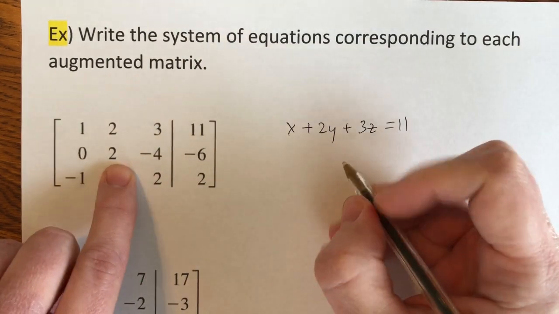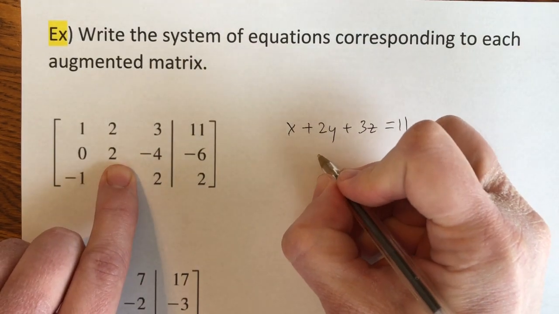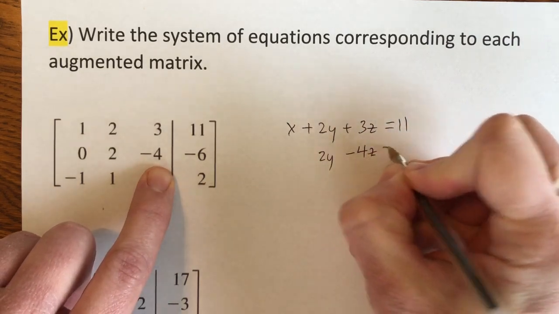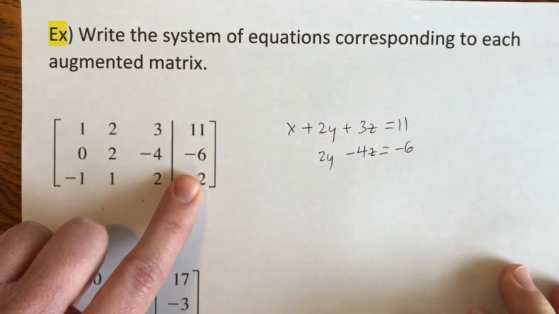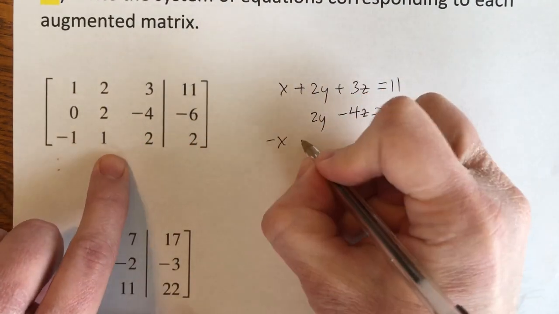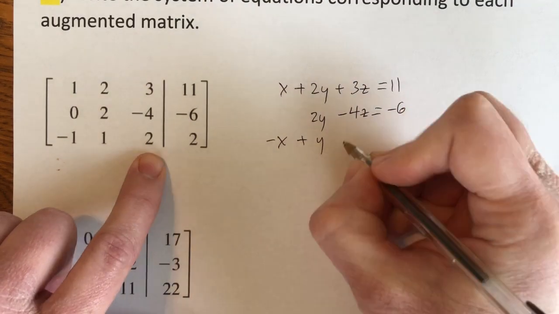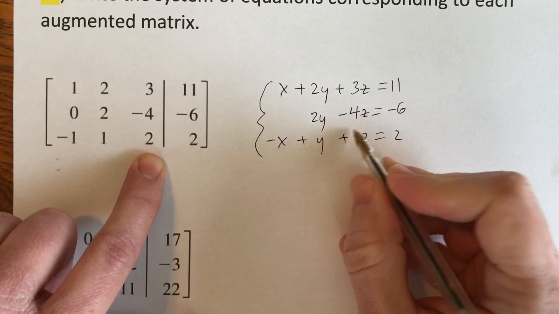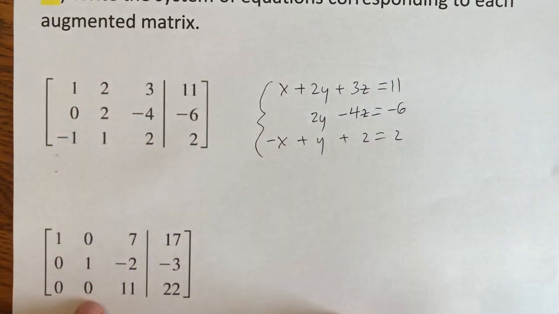This would be 0x plus 2y minus 4z equals -6. And then finally, -x plus y plus 2z equals 2. And there's your system based on this matrix.